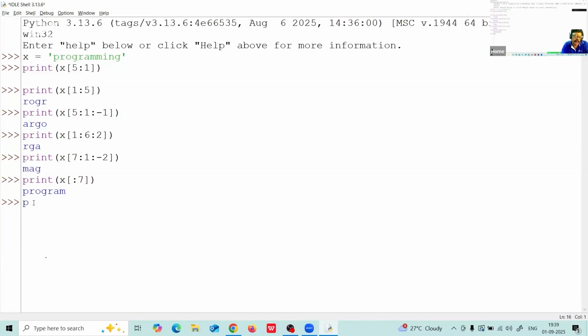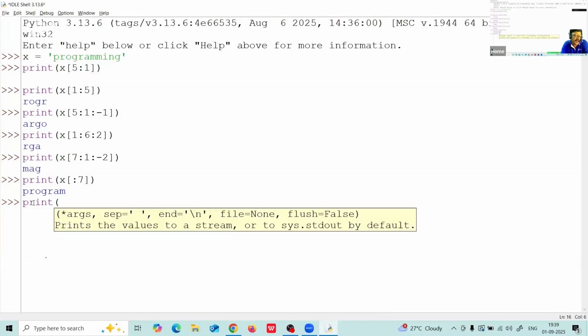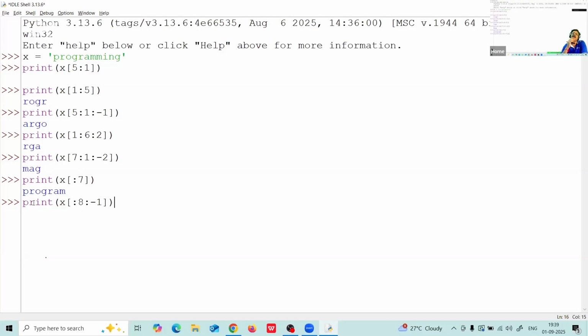Okay, let's try this. Print, let's say x. I have not given start again, but I have given stop, let's say as 8. But I have given increment as negative. So from where do I have to come? Negative increment.